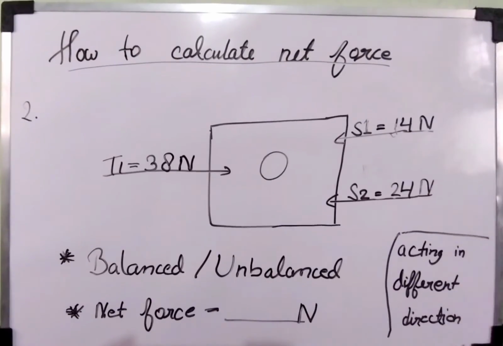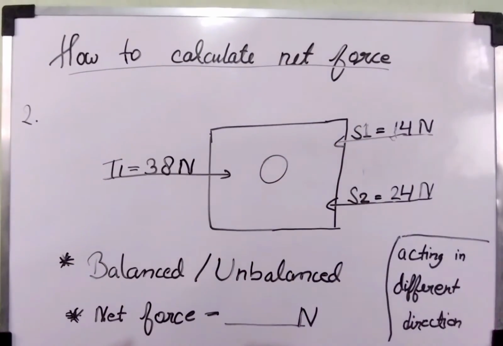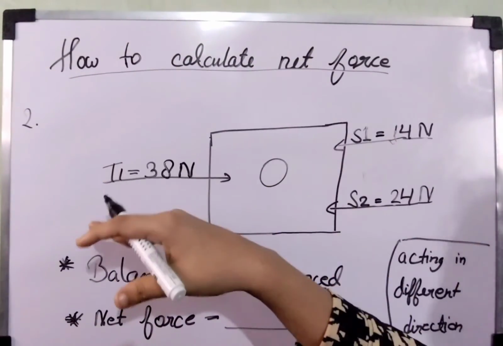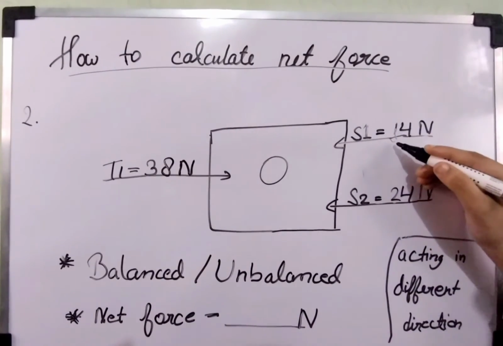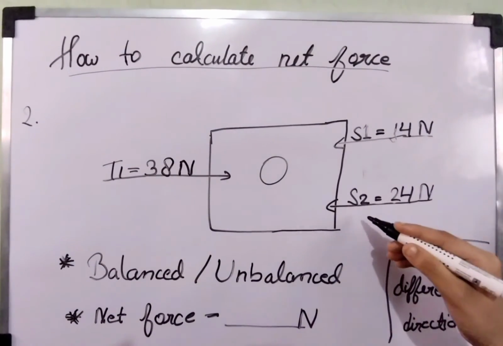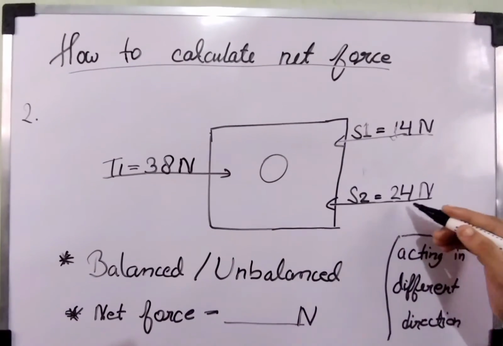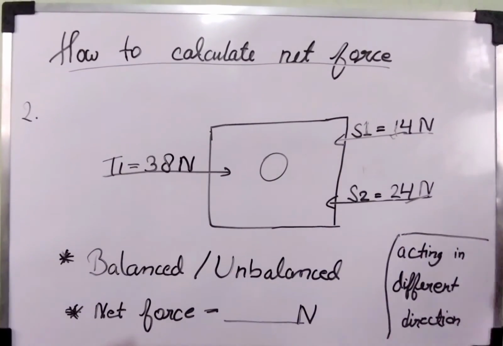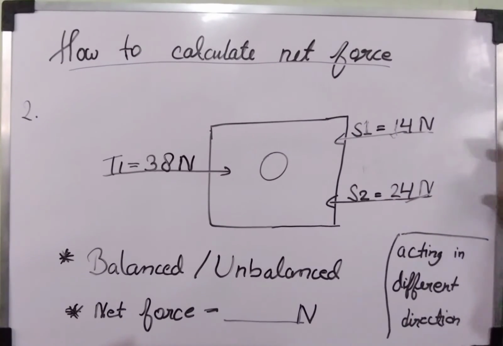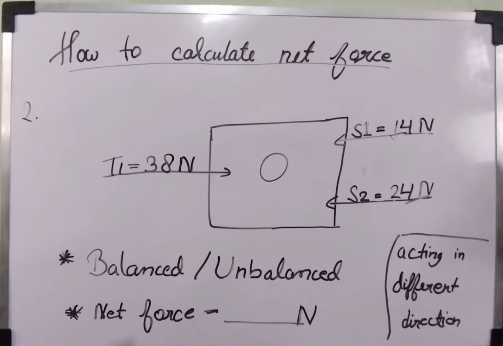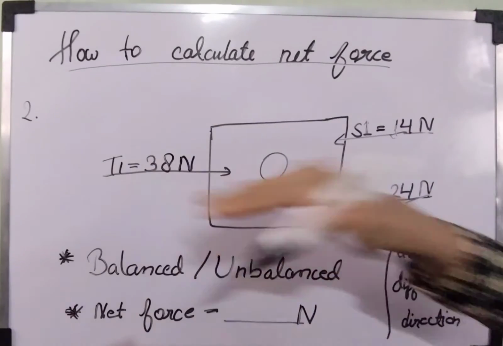Now we are going to take our next example. Here T1, the boy, is applying a force of 38 Newton. Here S1 is a girl and is applying a force of 40 Newton. Here the same girl is applying a force of 24 Newton. We need to add them because they are in the same direction, and after getting the total, only then can we subtract with this one.